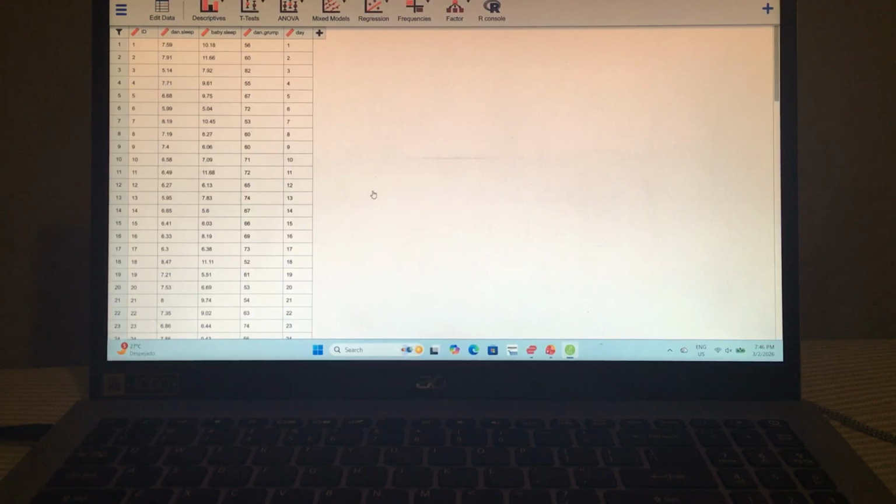First, this author is going to take us through showing how to conduct the analysis in JASP. Then we're going to walk through each of the 3 tables that will appear in the JASP output. So we're going to do a simple linear regression. Again, we opened up our Parenthood data file, and it says here on page 5 that we're going to use the Danny Sleep and Danny Grump.